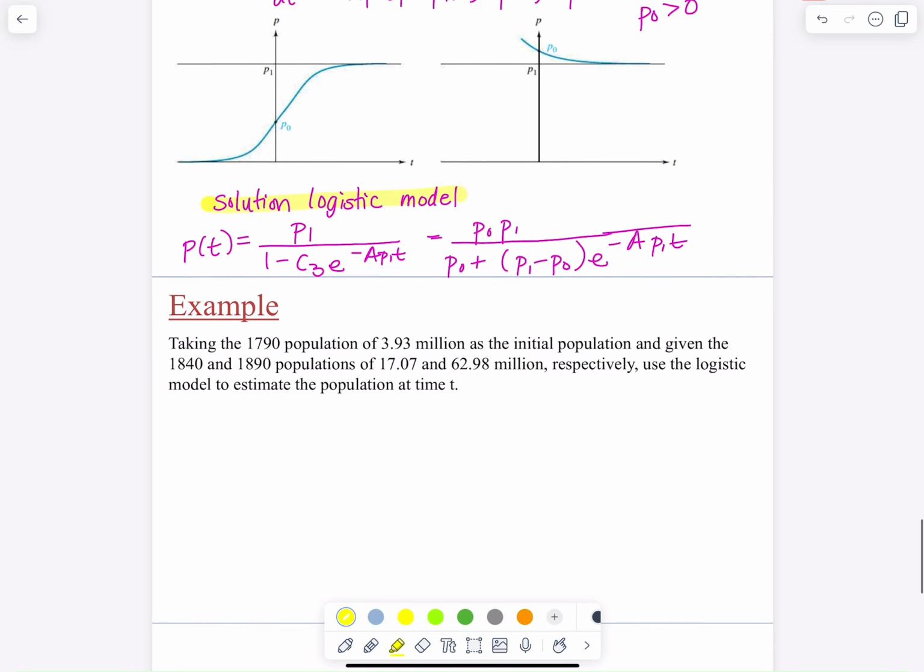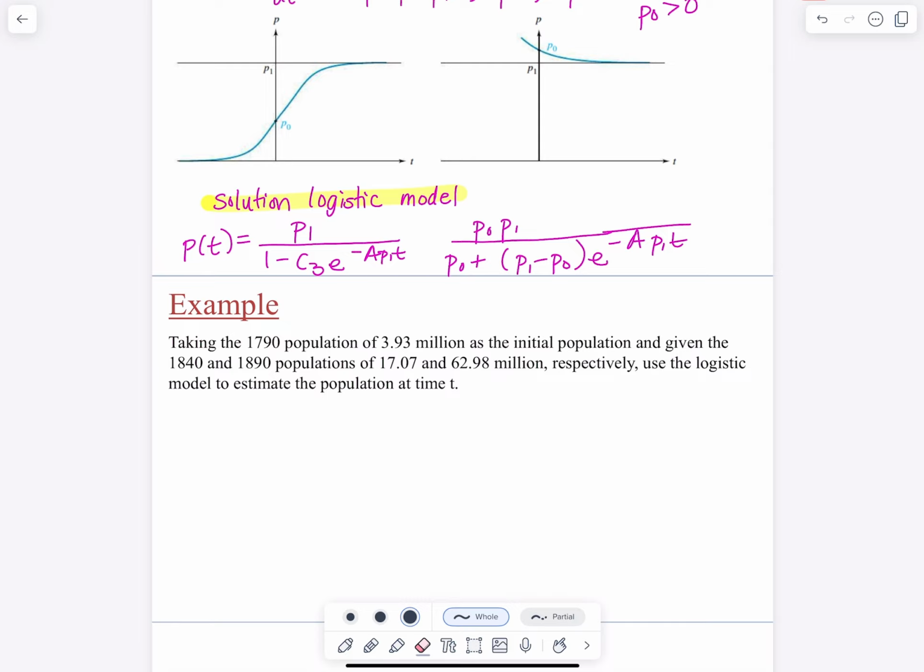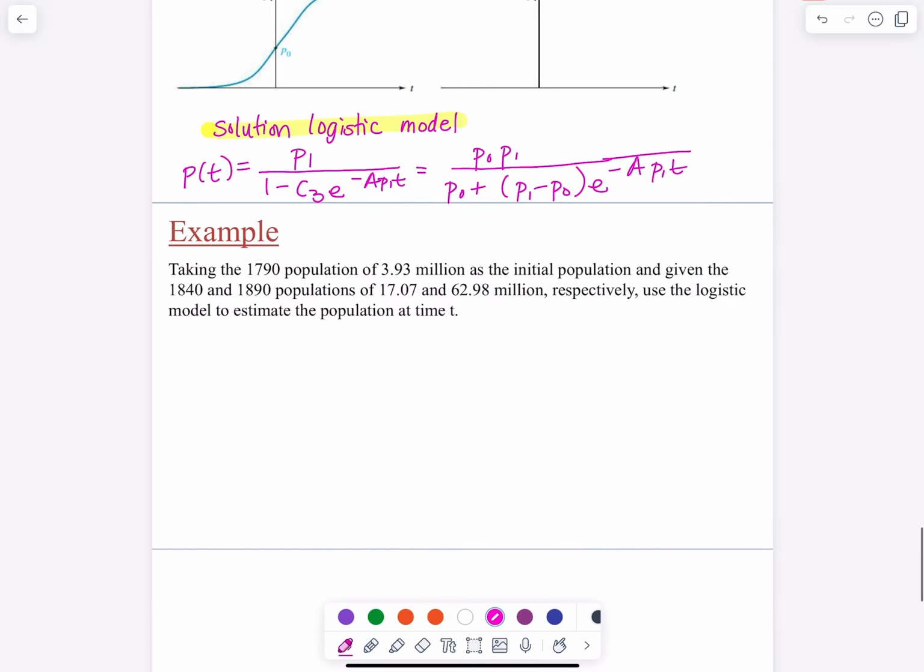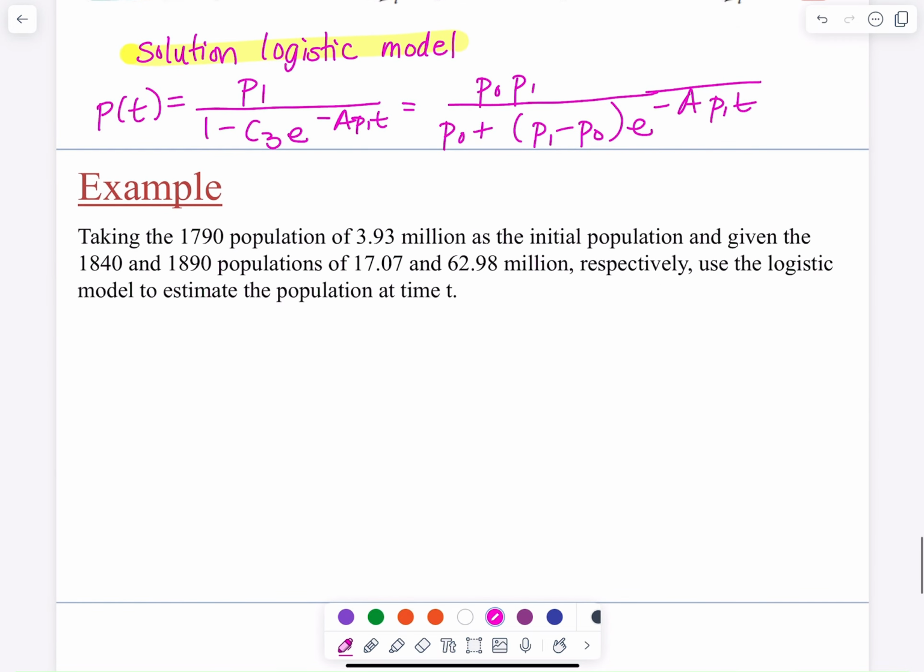Okay, so let's go ahead and use this model in this next example. Taking the 1790 population of 3.93 as the initial population, and given, and here you can see we have two different data values for population, 1840 and 1890, of 17.07 and 62.98 million.